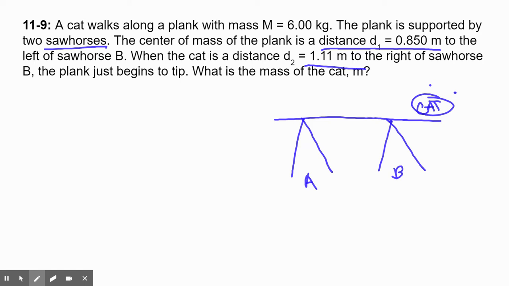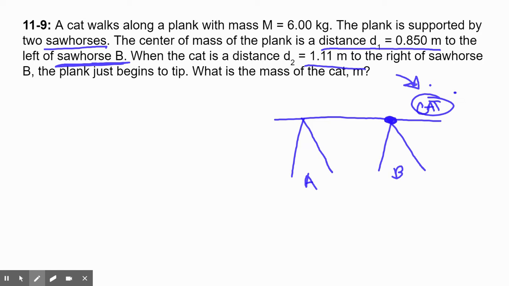Since everything seems to be happening around this second sawhorse, sawhorse B, we're going to call this our axis of rotation. And that makes sense because this is where our cat is very close to. And just think about the experiences you've had.